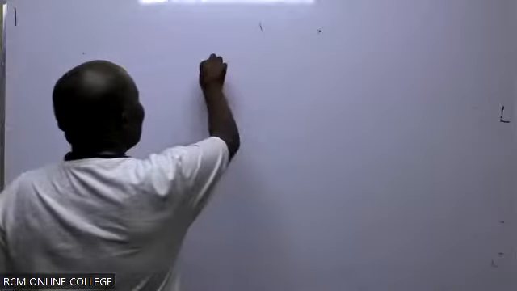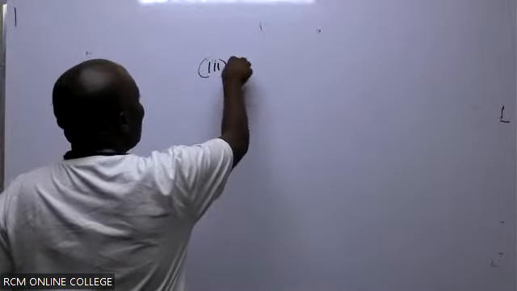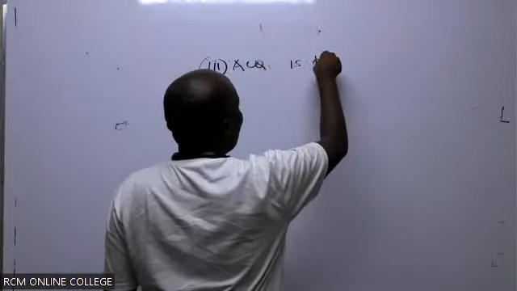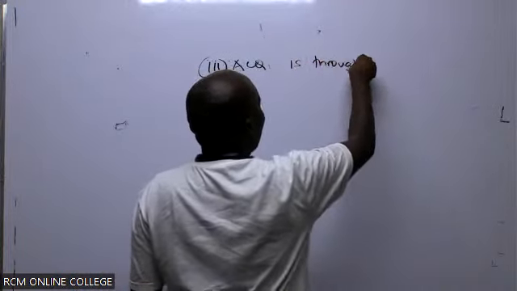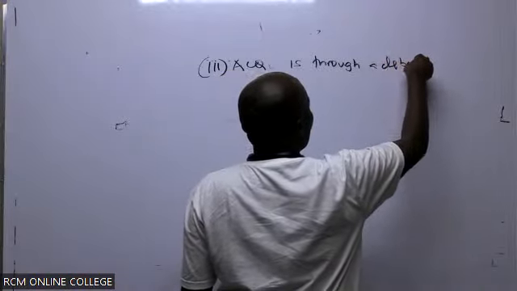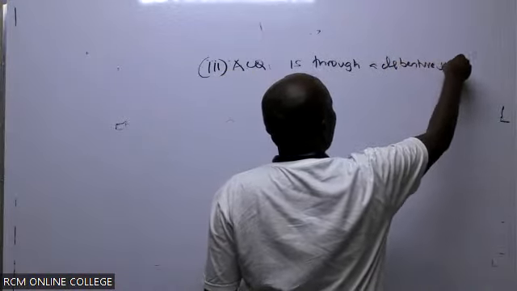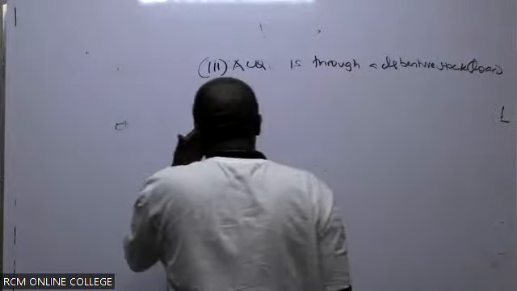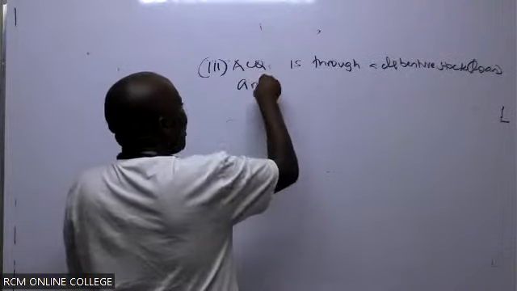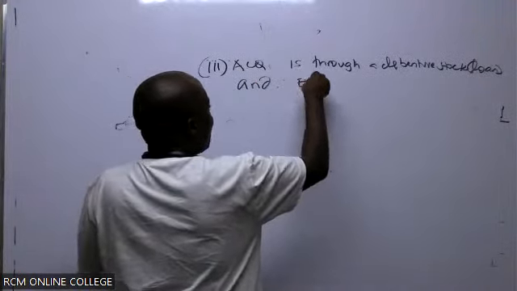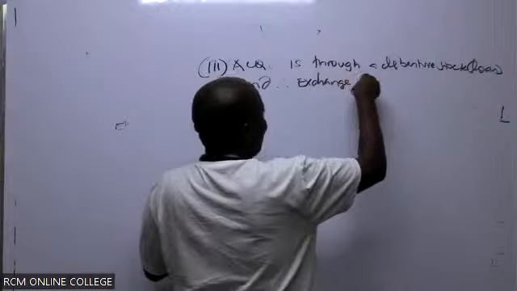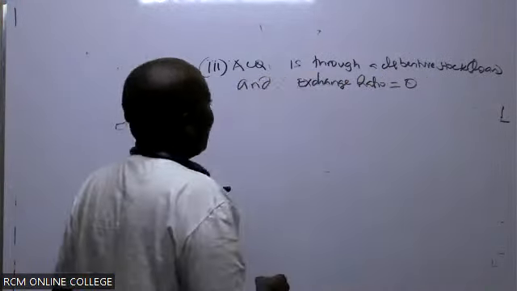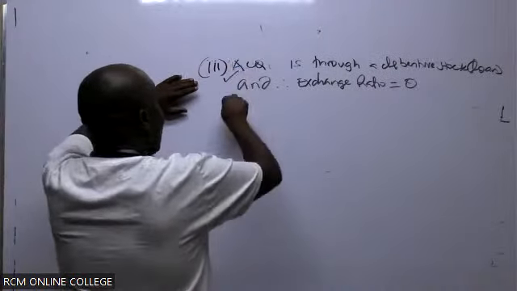So for Roman 3, ladies and gentlemen, the acquisition is through a debenture stock, a loan being issued to the target company, and therefore exchange ratio, you cram it that way, will be equal to 0. That's number one. Tick.